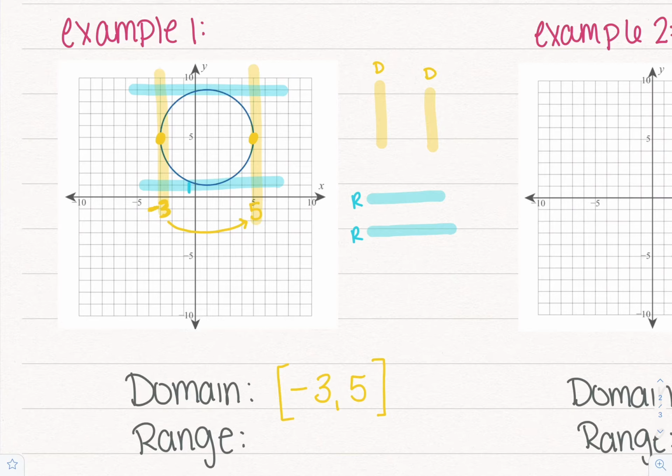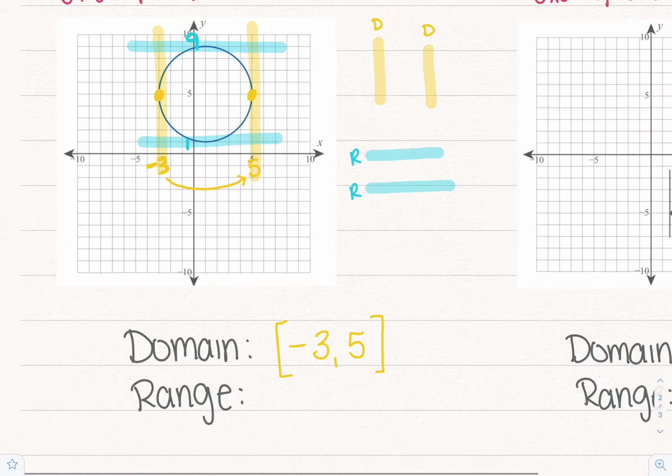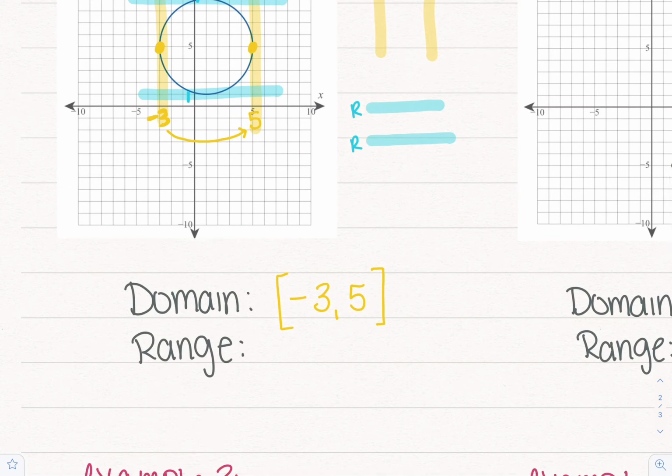The top of the graph is going to be at the y-axis at 9. So my range is going to be 1 to 9. Again, I've got the brackets because there are actually physical points on my graph at those spots.